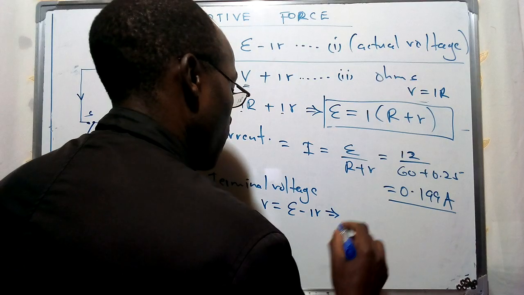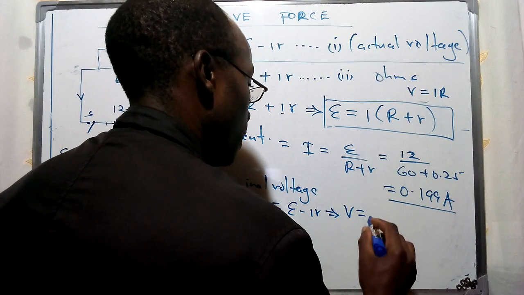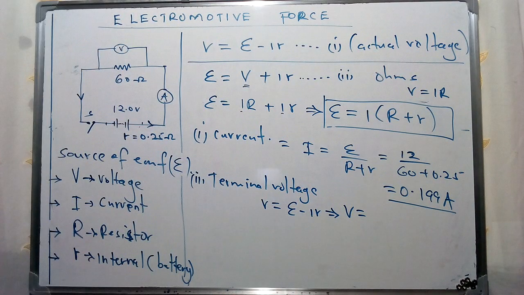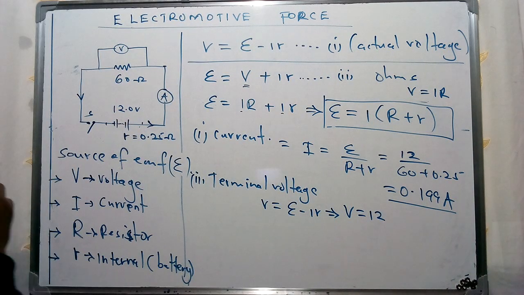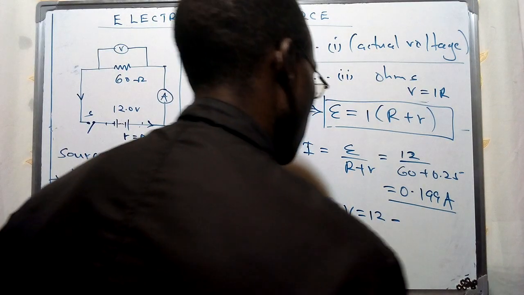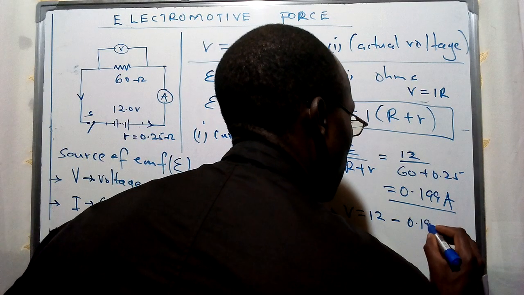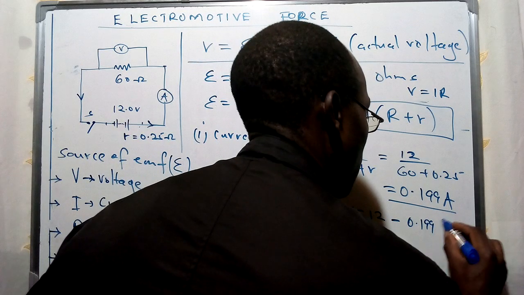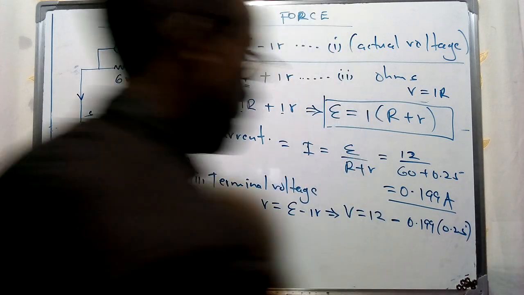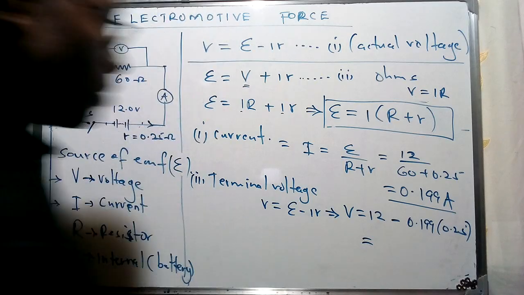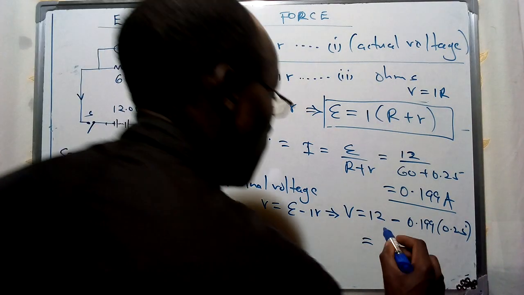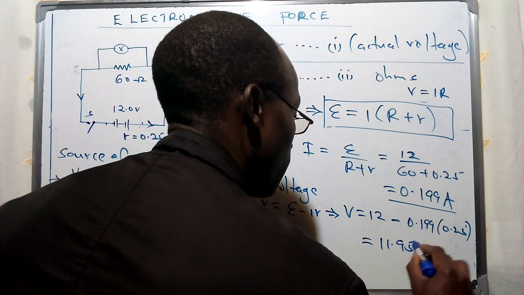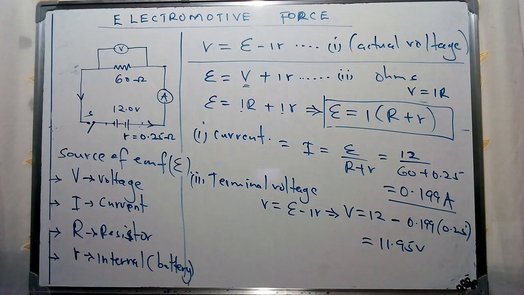So V is given in terms of E, which is 12.0 volts, minus the current 0.199 times 0.25 ohms. So we are finding the terminal voltage, and in this case the voltage is going to be 11.95 volts.